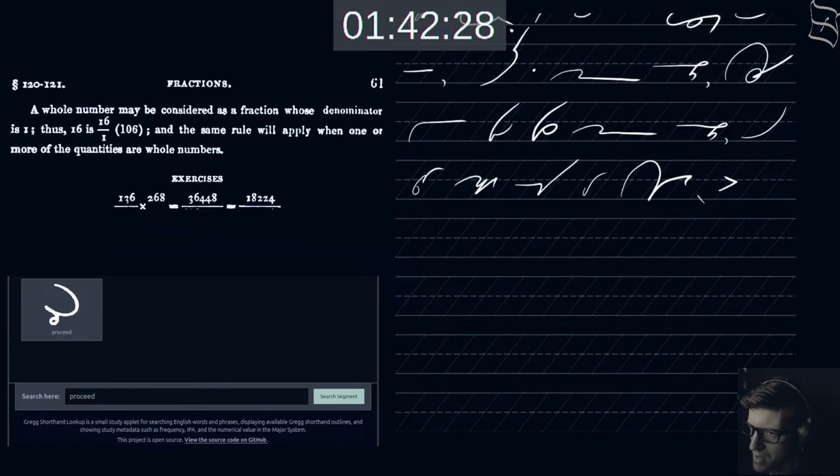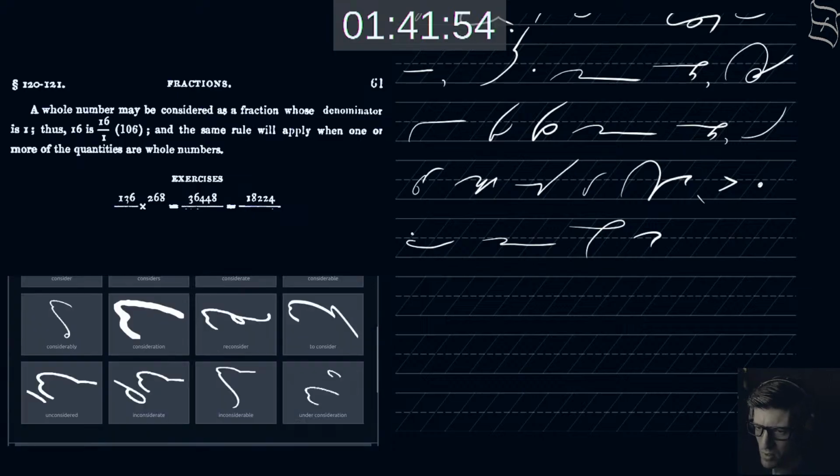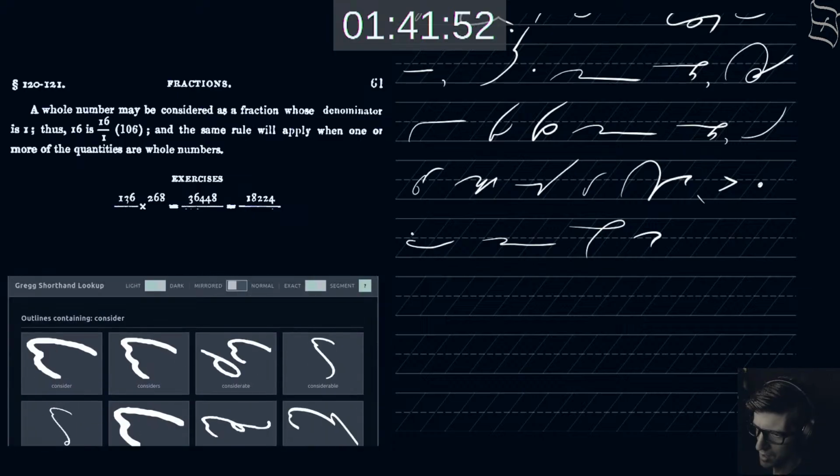A whole number may be considered as a fraction. Considered, I believe, just curves that way. Let's go ahead and check that out. Considered. Oh yeah, this is the one that flips backwards. Considered.